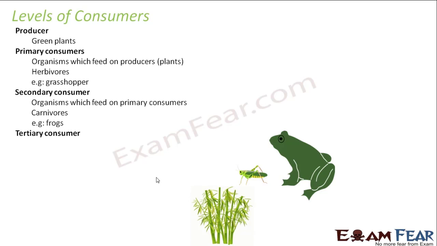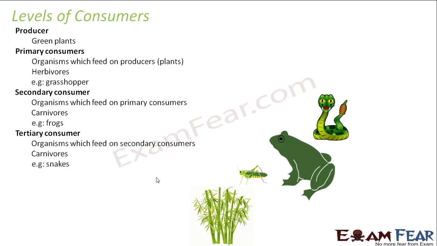Then comes the tertiary consumer. So you see the level is increasing. Tertiary consumers are those which feed on the secondary consumer, right? These are also carnivores, because what are carnivores? Carnivore is a very general word. It means any organism which feeds on other organisms. Whether it is the frog eating a grasshopper or the snake eating the frog, both of them are carnivores, because both of them are eating other animals.